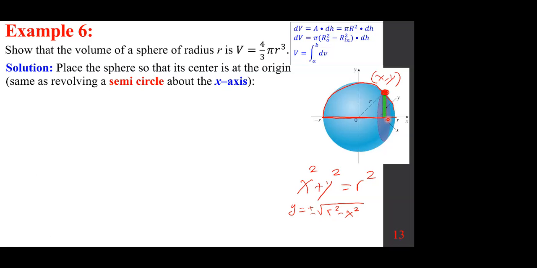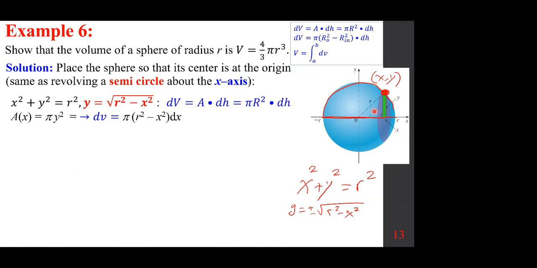And dh is this thickness, which is dx. So x squared plus y squared equals r squared. There are two answers. We just keep the top semicircle. We showed that the r is the y coordinate, everybody, and the y coordinate, we have the formula square root of r squared minus x squared. And dh, we said it's dx.